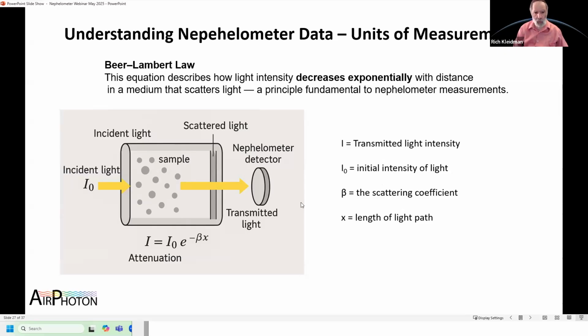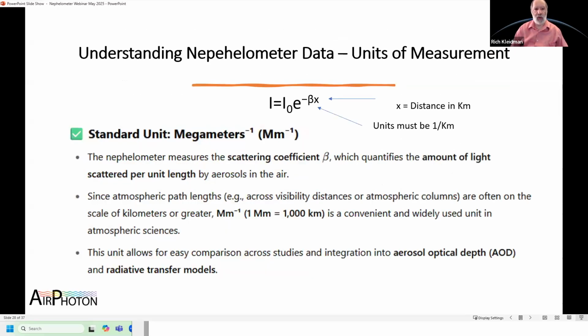So the standard unit of measurement is something called inverse megameters. It's odd, it's not intuitive, but basically the reason we're using inverse megameters is because in this equation we have a distance factor. That distance is kilometers, or megameters, if you will.